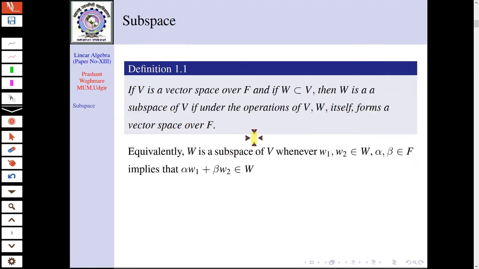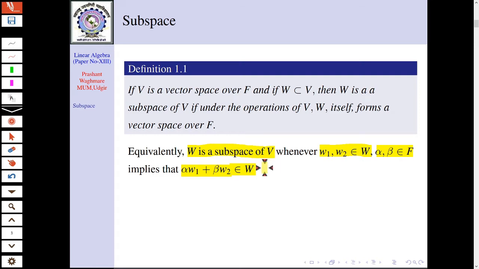In the same way, here we can give that condition: equivalently, W is a subspace of V whenever for two elements W1, W2 in W, and two elements alpha and beta from the field, alpha W1 plus beta W2 is in W. That means this condition is equivalent to saying that W is a subspace of V.